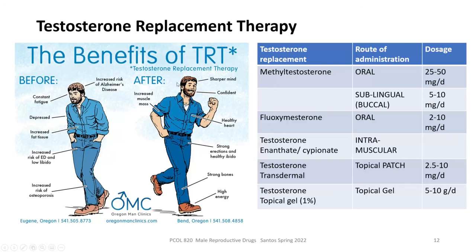So once the patient starts with testosterone replacement therapy, that will promote a better mind, more confidence, a healthy heart, strong erections and healthy libido and so forth. And here on the right hand side there is a table showing different types of testosterone that can be used for replacement therapy and the different routes of administration that you can find: topical gel, topical patch, intramuscular, oral, sublingual, and just oral.